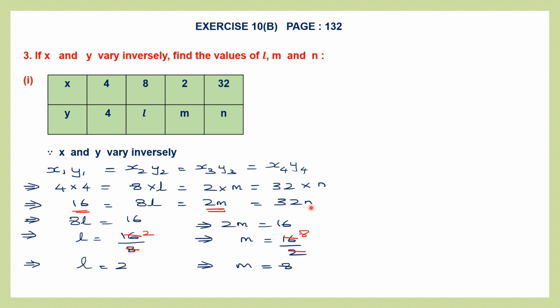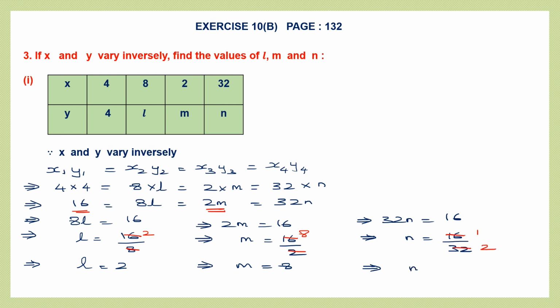Now let's take N here. Here we have 32N. 32N is also equal to 16. So let's write that. So 32N is equal to 16. So to find the value of N, we say 16 by 32. So now we can cancel here. I can cancel 16 ones and 16 twos.